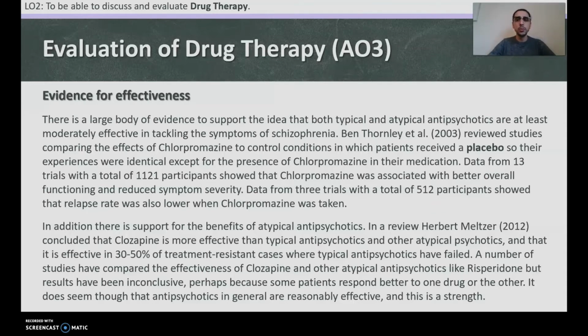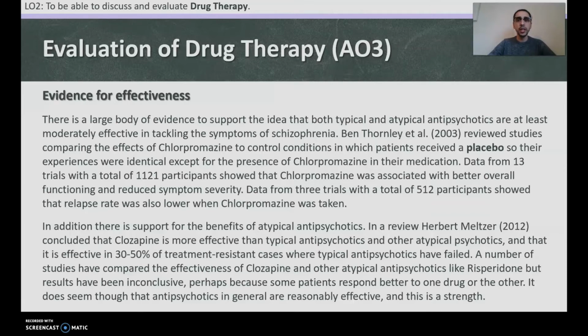So they got 2 groups. The control group took the placebo, which would have been a pill with no active ingredient. Data from 13 trials with a total of 1,121 participants, so that's a massive sample, showed that chlorpromazine was associated with better overall functioning and reduced symptom severity.